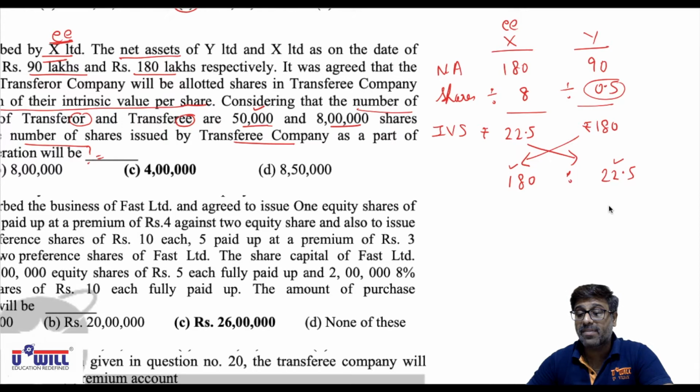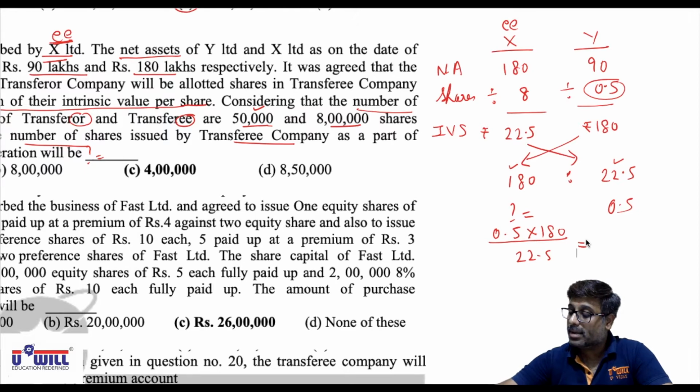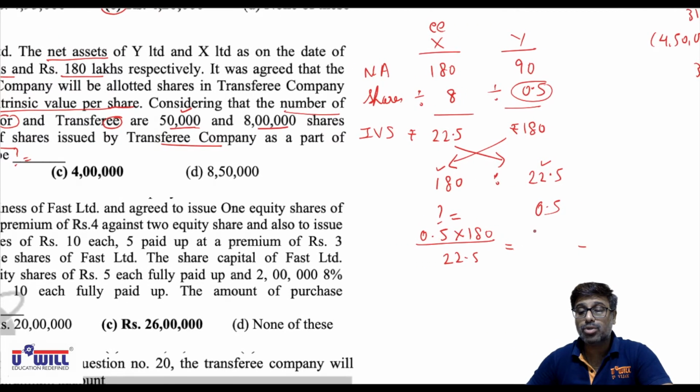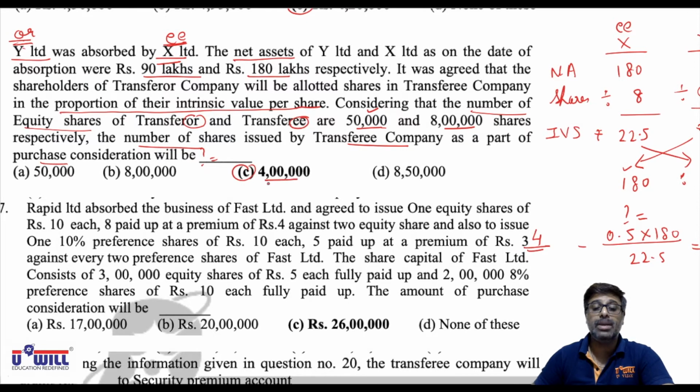So against 0.5 lakh shares, how many? Everyone do it: 0.5 into 180 divided by 22.5. That is 4 lakh. So 4 lakh shares will be given.